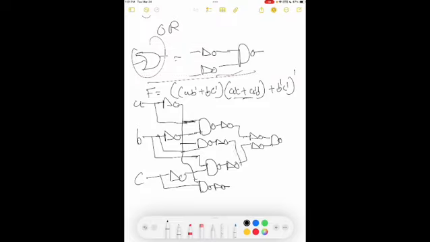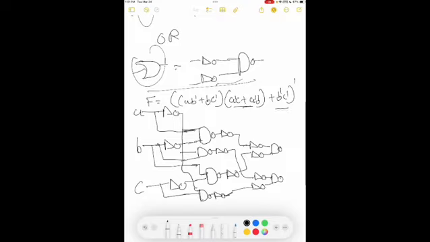Then the OR, once again the OR will be like this. And then B prime C prime, once again this thing.